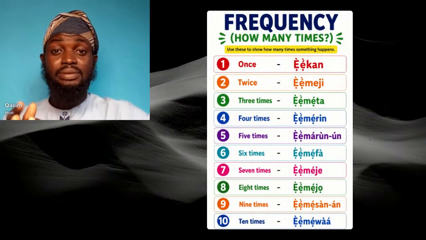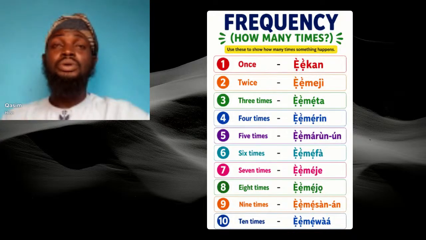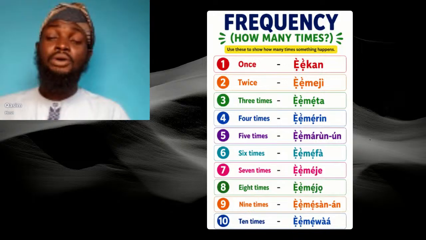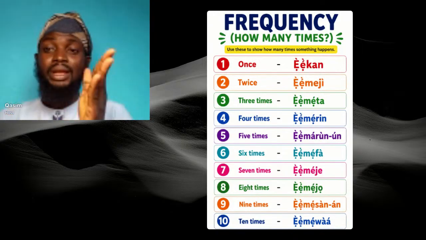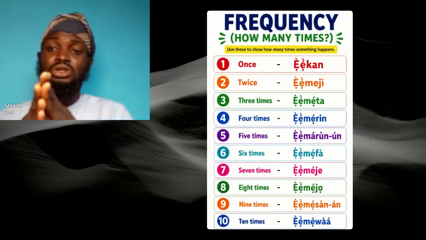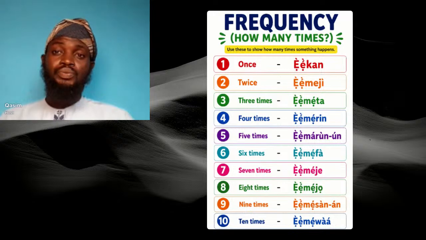If I want to ask you, how many times did you do something? I say I did it once, or I did it twice, or 3 times, or 4 times. So frequency is how we use numbers to say how many times we did something in Yoruba.